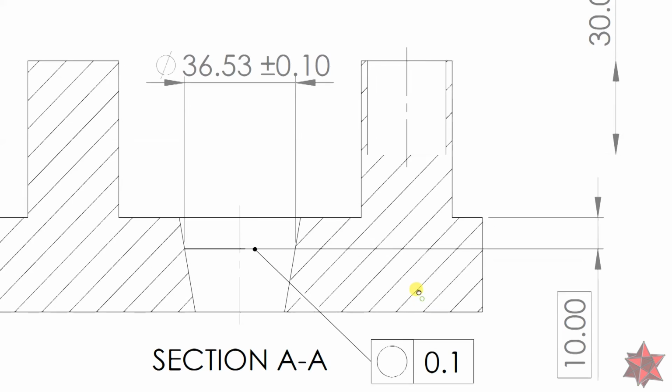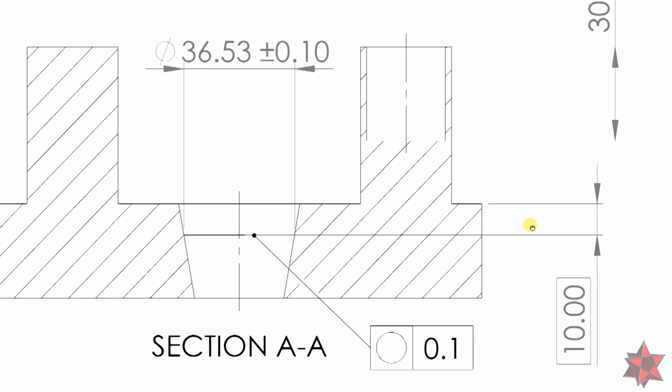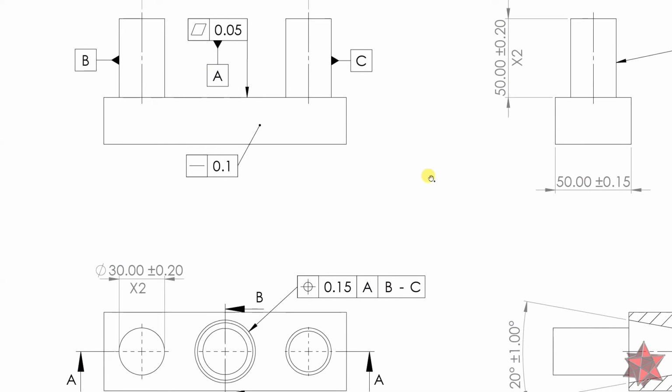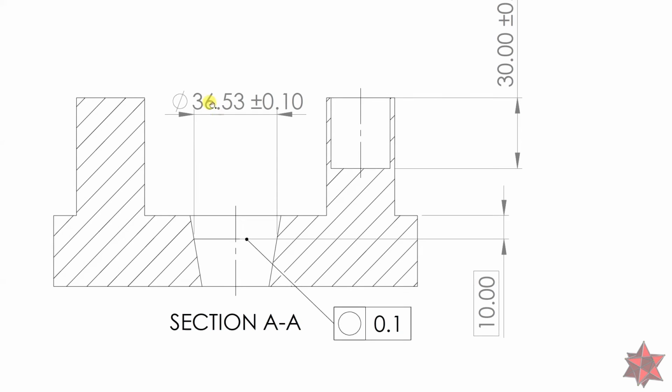Okay, so notice that we have a diameter that we want to do at 10 millimeters from datum A. Okay, because this is datum A, right here. And it will have this diameter of 36.53.